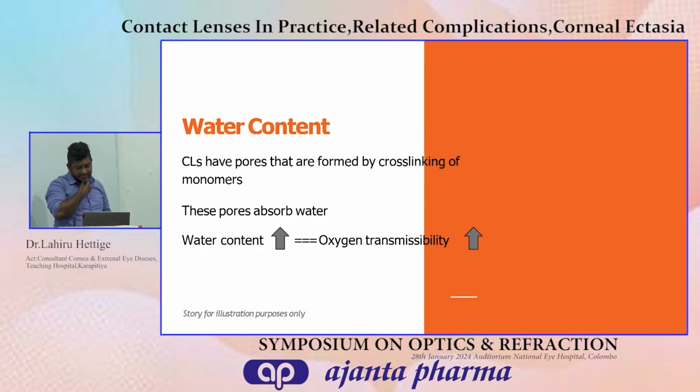Water content is an indication of oxygen transmissibility across the contact lens. There are pores in contact lenses. These pores absorb water, and if you have more water, your oxygen transmissibility is high. Just keep that in mind.